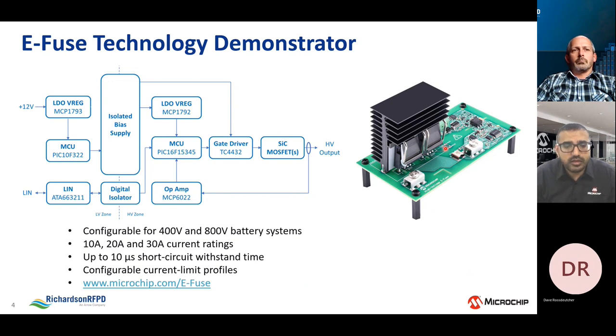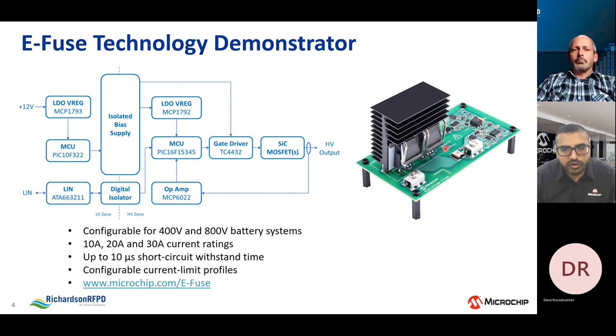This is a technology demonstrator targeting 400 volt EVs or 800 volt EVs, and comes in different configurations, 10, 20, or 30 amp current ratings. Now, Microchip, we're known for our PIC microcontroller, so we do have a PIC microcontroller in this, but we also have other technologies. We have LDOs, op amps, the gate driver, and LIN transceiver as well.